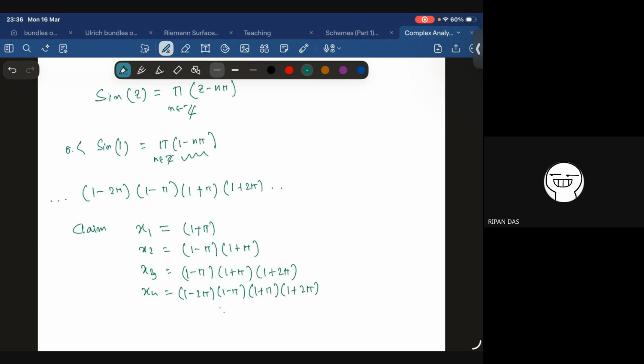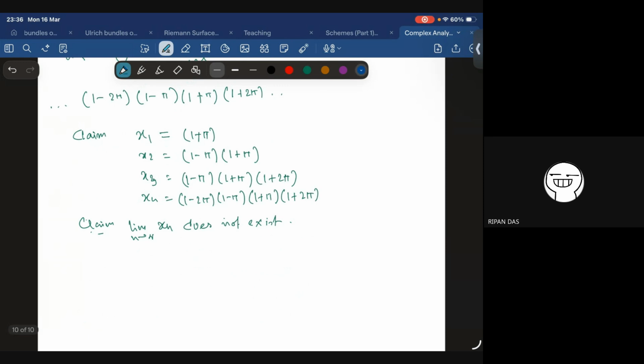Okay, so my claim is limit n tends to infinity, xn does not exist. This is my claim. Proof. Suppose limit n tends to infinity, xn is equal to x.